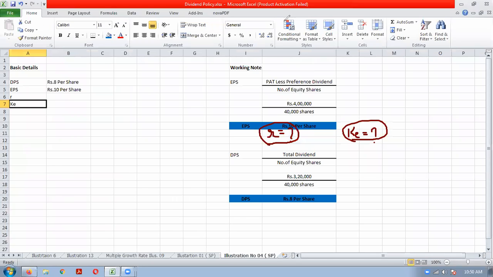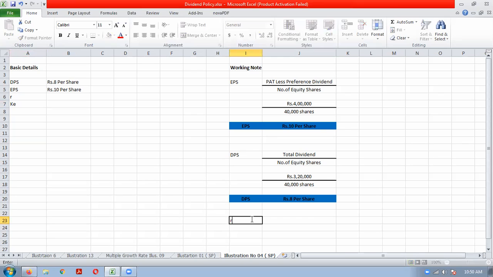Simple. What is the formula for rate of return? Return on investment. The return on investment formula will be earnings of the company divided by paid up equity share capital.